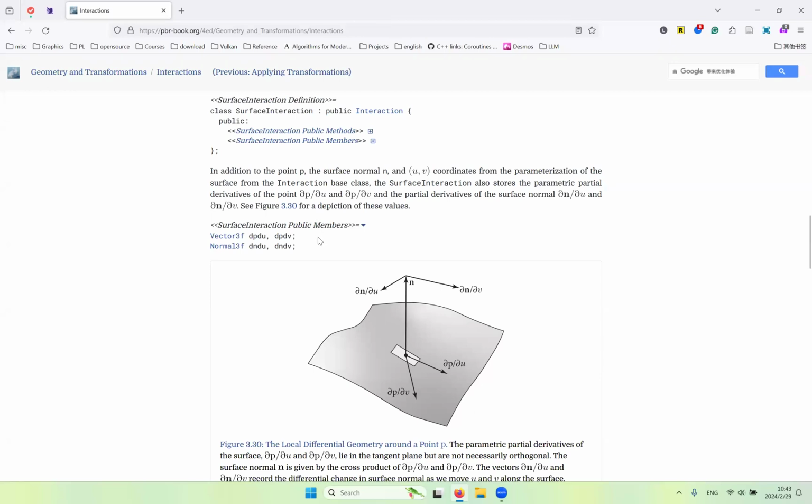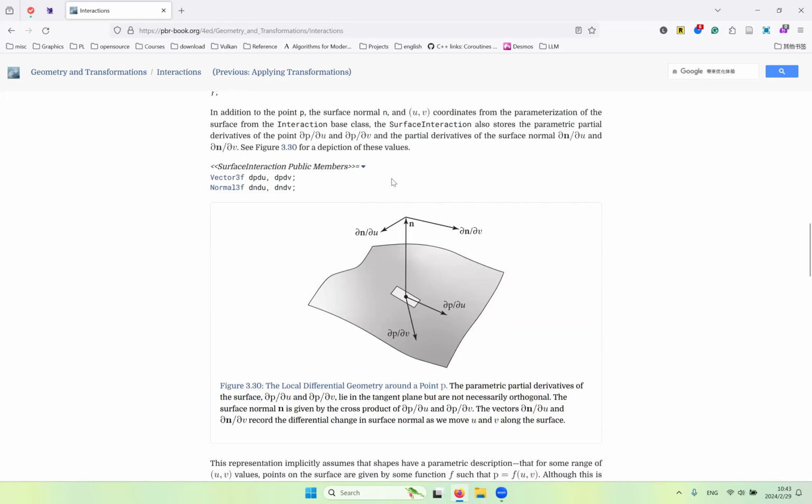Yeah, it's a point, just like the position. You see on figure 3.30, the point is the dot in the middle there. Yeah, I see.